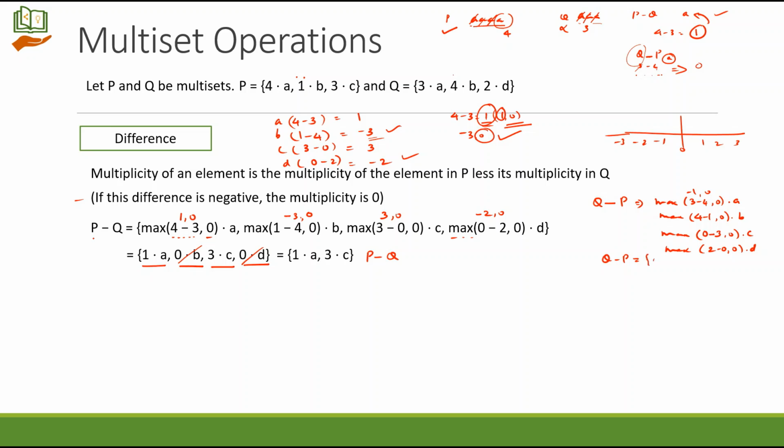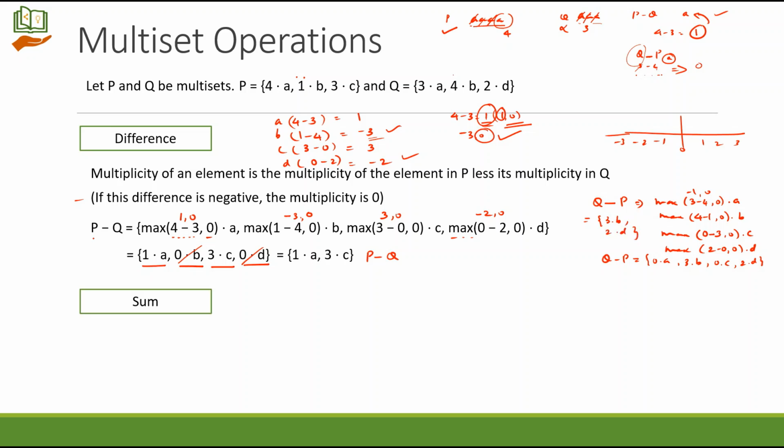So this is 0 into A. Then 3 comma 0 it will be 3. So 3 into B. Minus 3 comma 0, so it is 0 into C. Then 2 comma 0 we will have 2 into D. So Q minus P will have 3 into B and 2 into D as the answer.